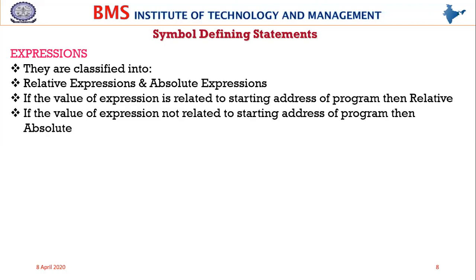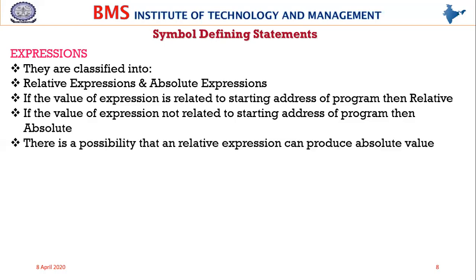If the value of the expression is not related to the static address of the program, that means your location counter, then we call it absolute. That's the difference. Absolute is a value not related to your location counter. Relative expressions give you an address related to the starting address of the program. Let's see the example.